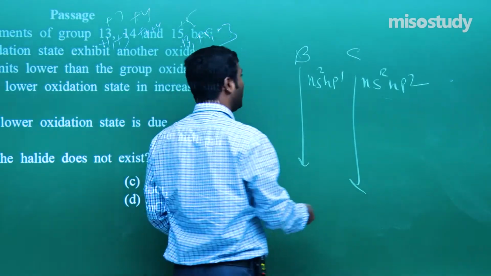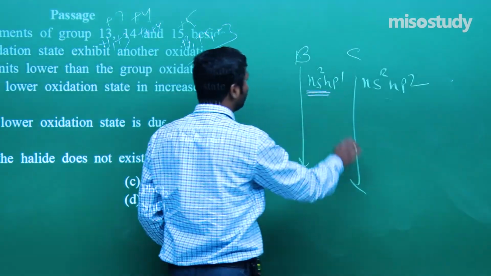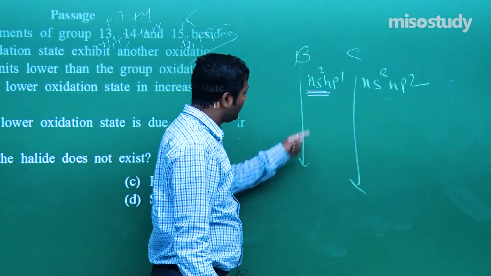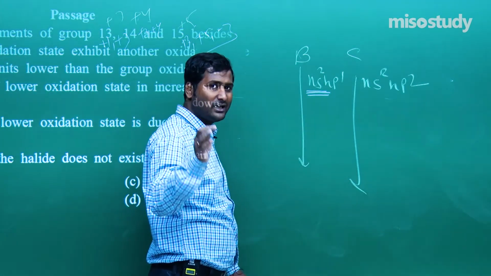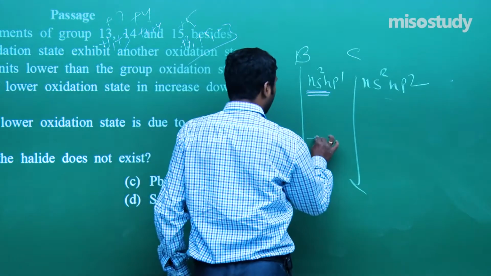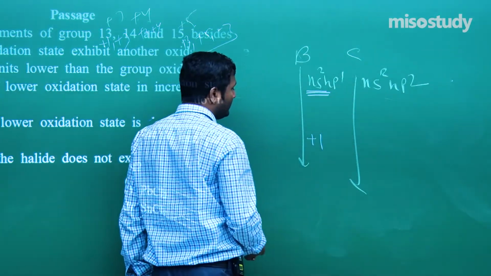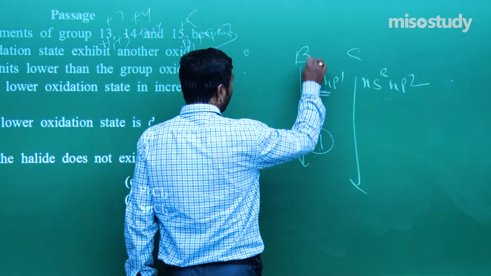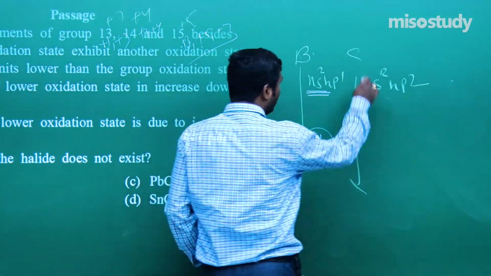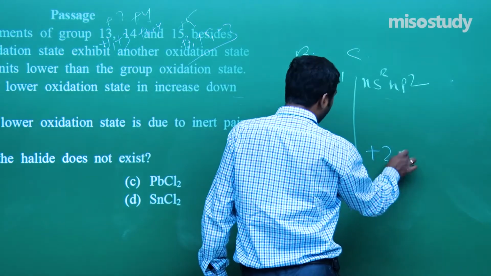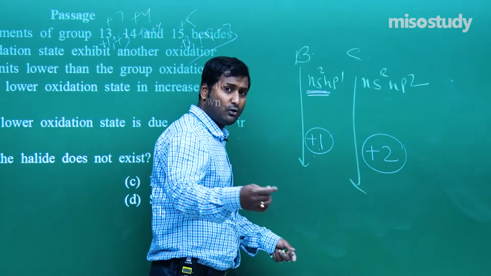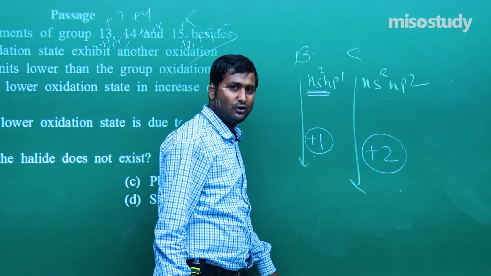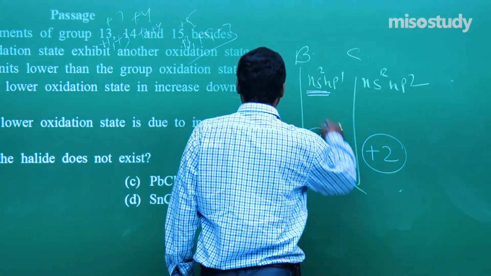But as we move down the group, the inertness of s electrons to participate in bond formation increases. Due to this reason, only the p electron releases its electron. So down the group, +1 oxidation state is more stable in group 13, +2 oxidation state is more stable for group 14, and +3 oxidation state is more stable for group 15. Clear to you? So this effect is known as inert pair effect.